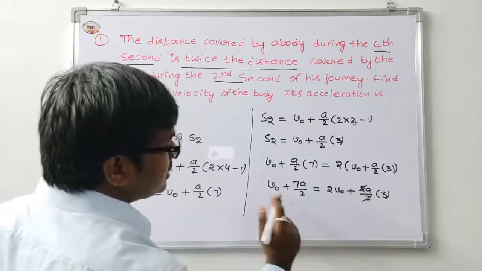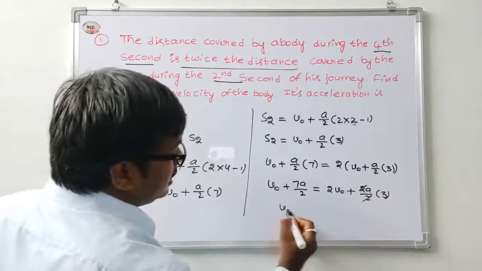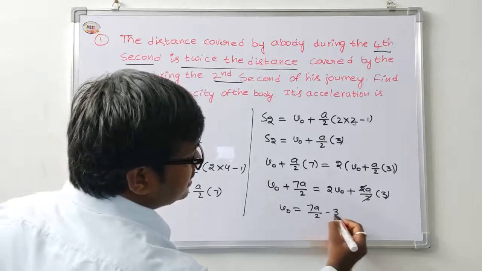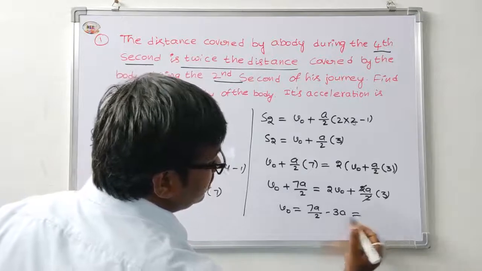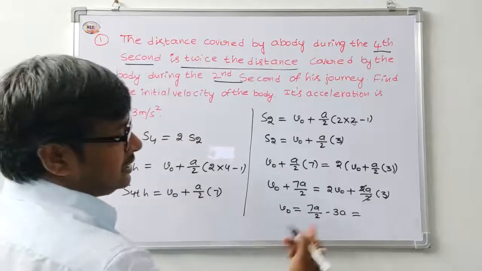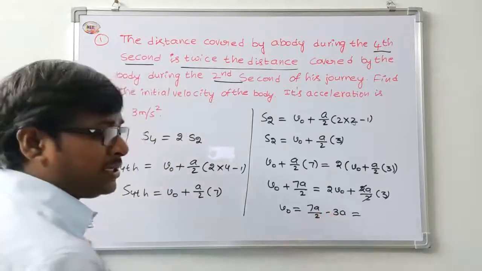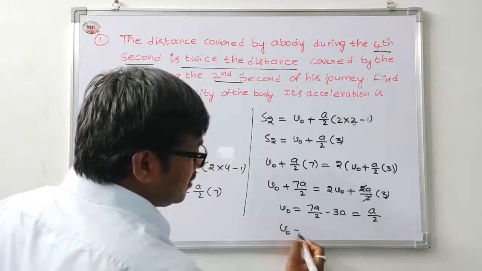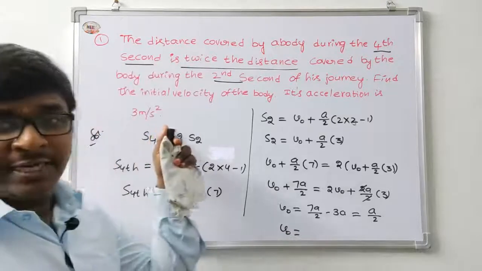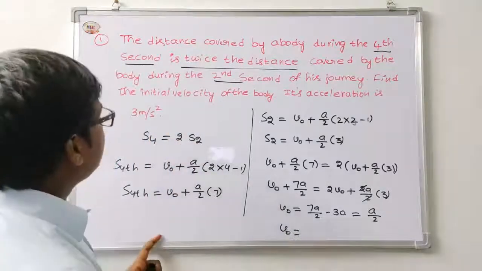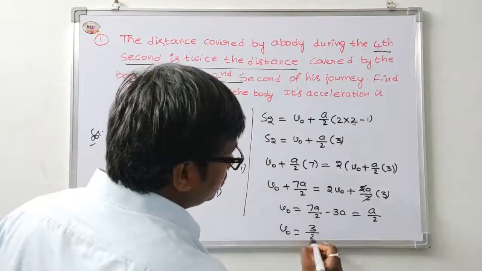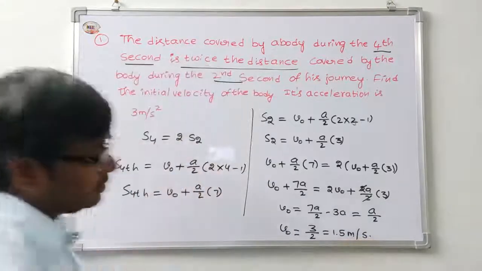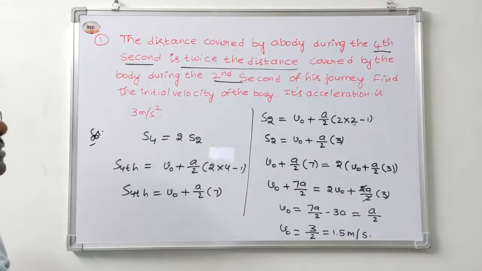The v naught cancels, students. V naught is equal to 7a by 2 minus 3a, that is 7a minus 6a by 2, which is a by 2. Here acceleration is 3 meter per second square, so v naught is 3 by 2, which is equal to 1.5 meter per second. This is the answer, a very simple answer, students.